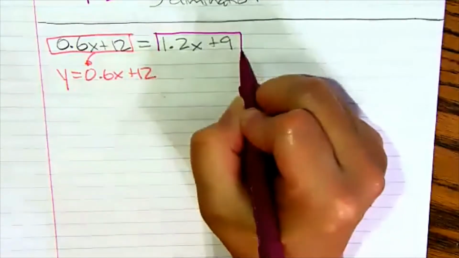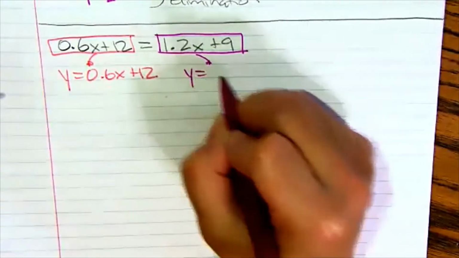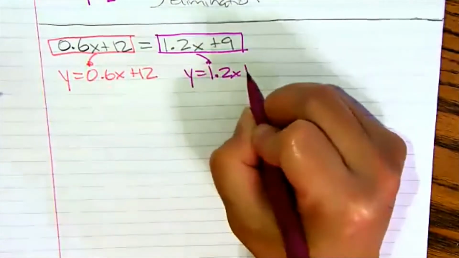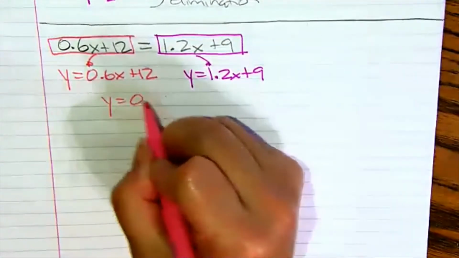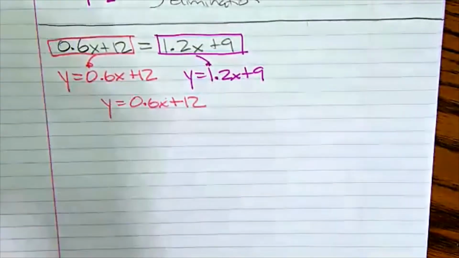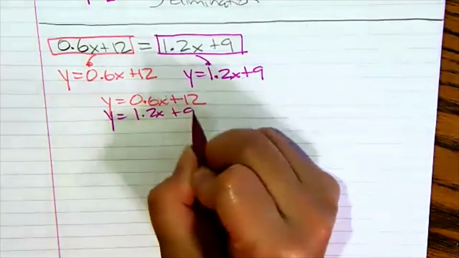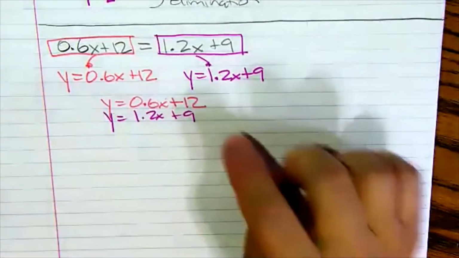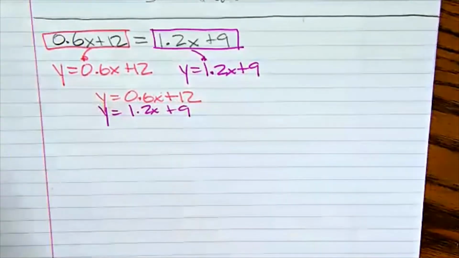Then I'm going to take this expression and turn it into the equation y equals 1 2/10 x plus 9. I now have a system of equations that I can solve by graphing, substitution, or elimination.